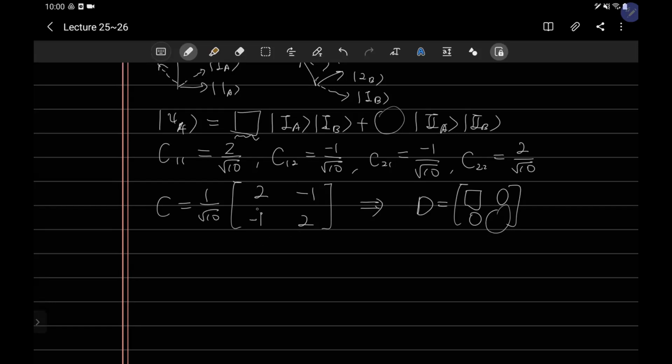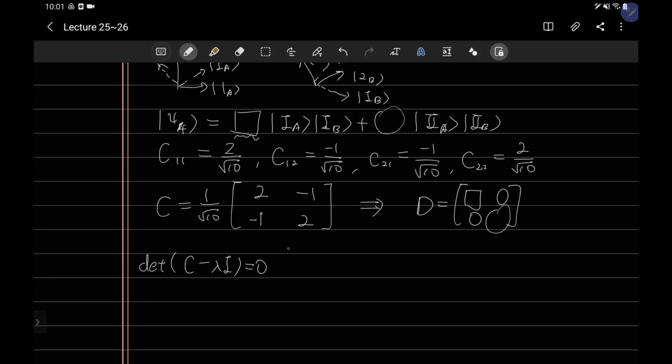For the time being, I will just ignore this 1 over square root of 10 factor for a simple quick calculation of the eigenvalue, and then I can recover it a little bit later. The way we calculate the eigenvalue is by using the simple formula: the determinant of C minus lambda I should be 0.